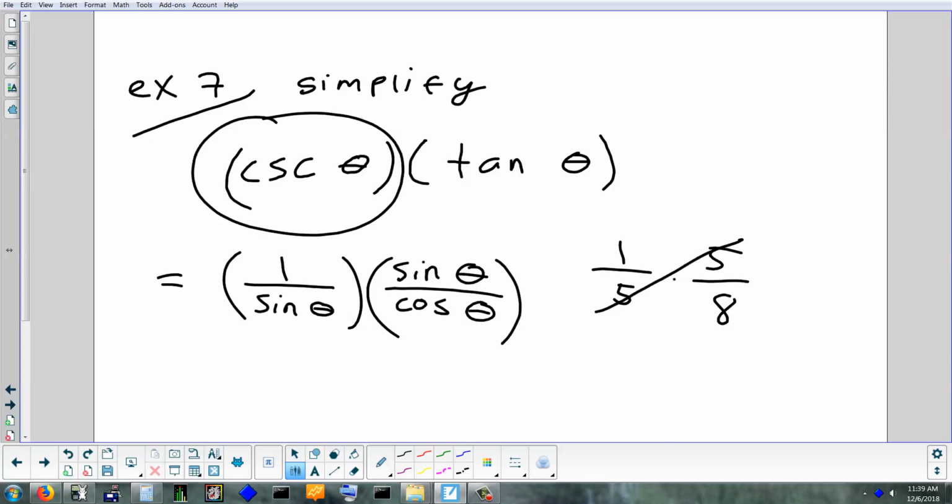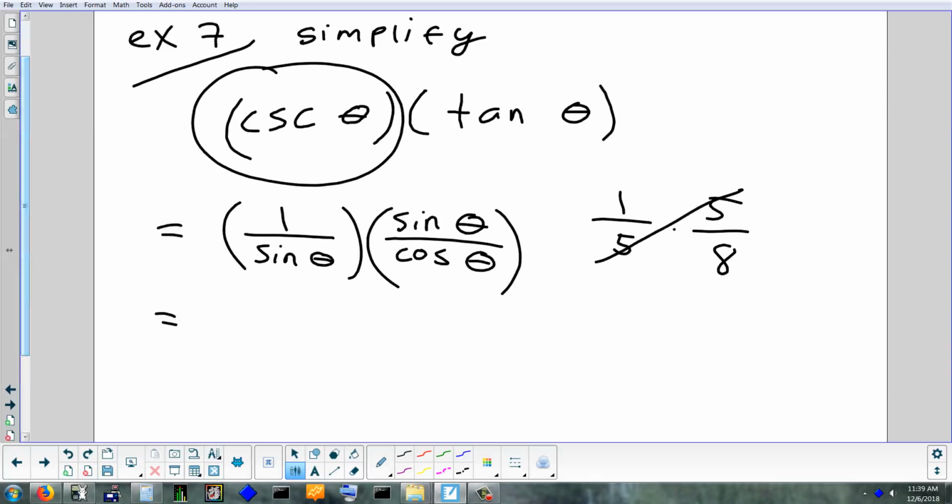Well, what cancels out here? Sine. Sine in the bottom, sine in the top. The reason it cancels is because you are multiplying. If you change the symbol between them to addition, it doesn't cancel at all. That doesn't work. Now you have to find common denominators. That's a whole different thing.